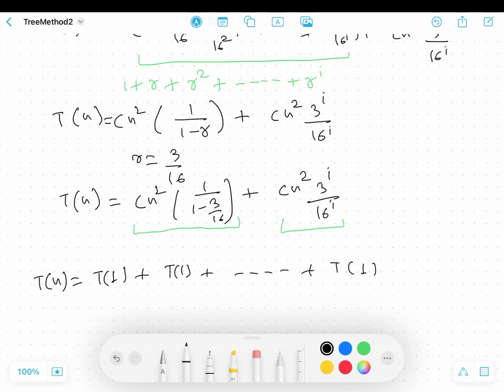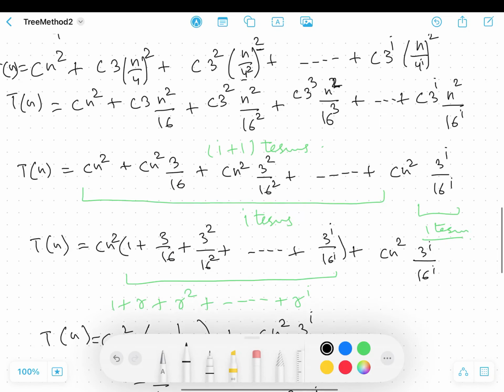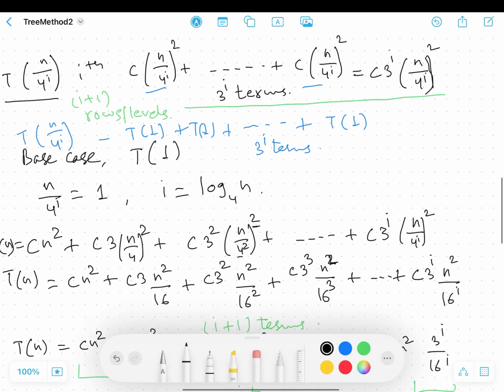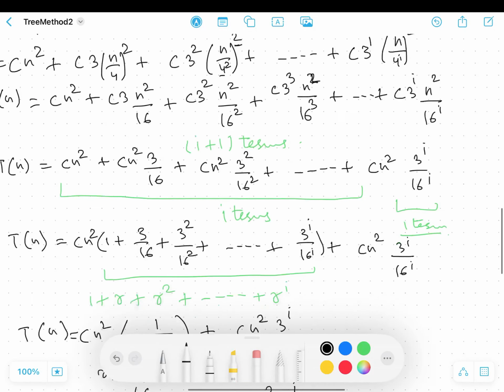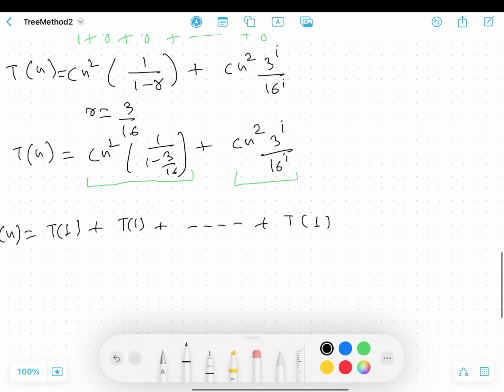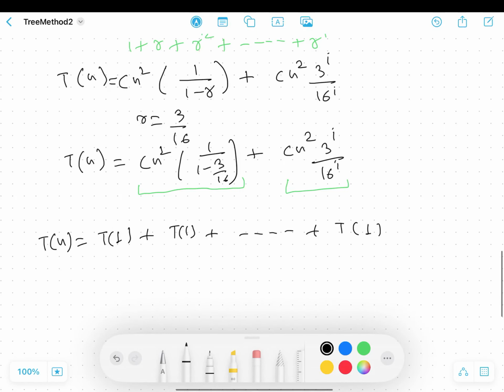And this is 3 raised to the power I terms.